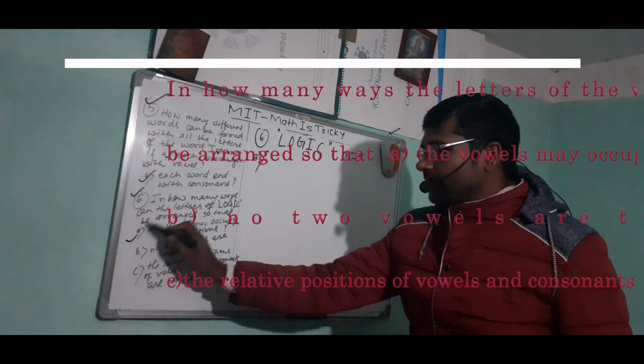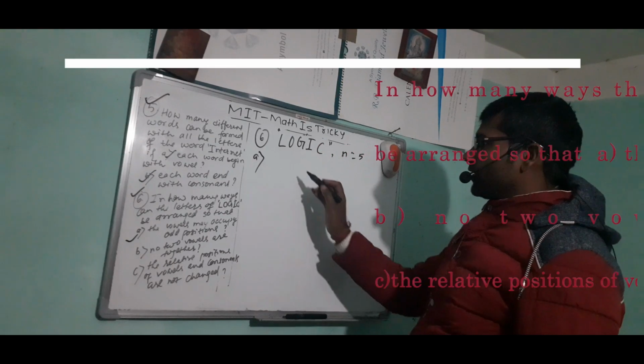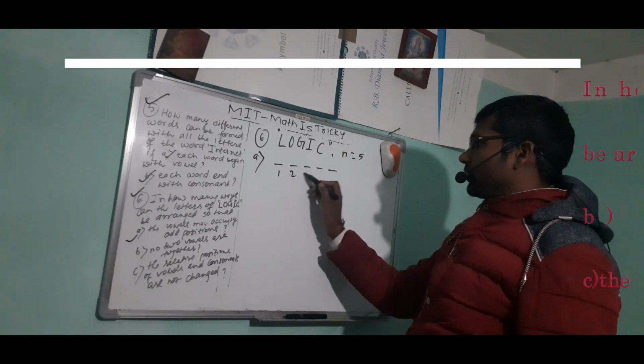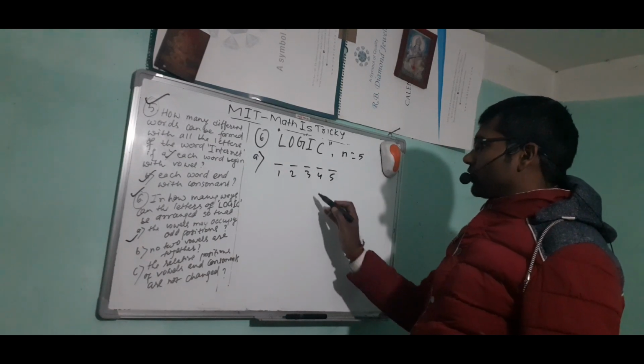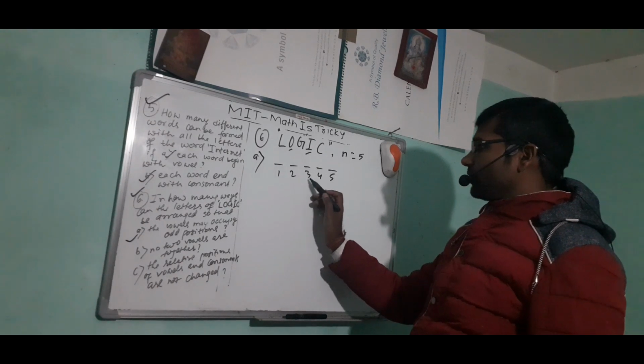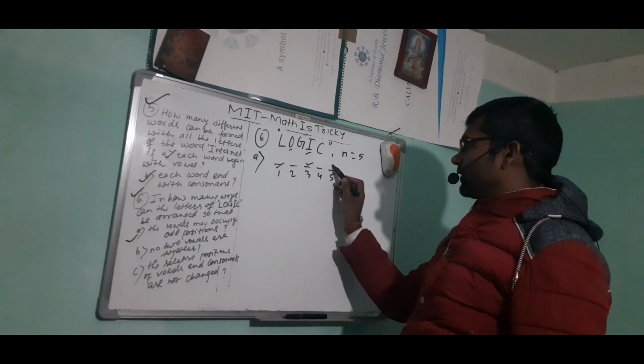The first one, the vowels may occupy odd positions. 1, 2, 3, 4, 5. So we have two vowels. They have to be kept at odd positions, means 1, 3, 5.